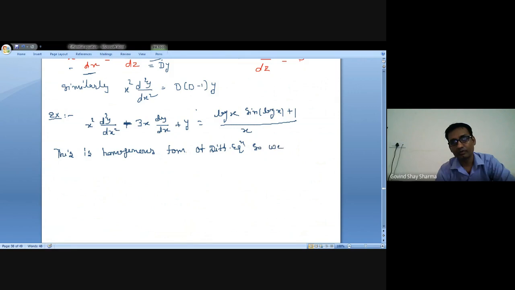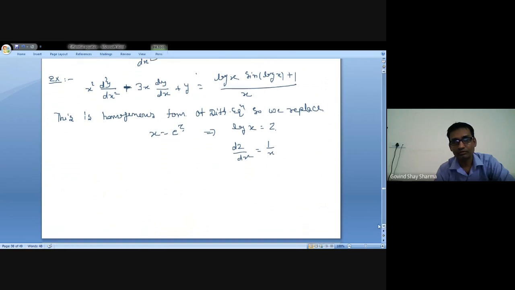So we replace x equal to e to the power z, that means log x becomes z, and dz upon dx, and dy upon dz.